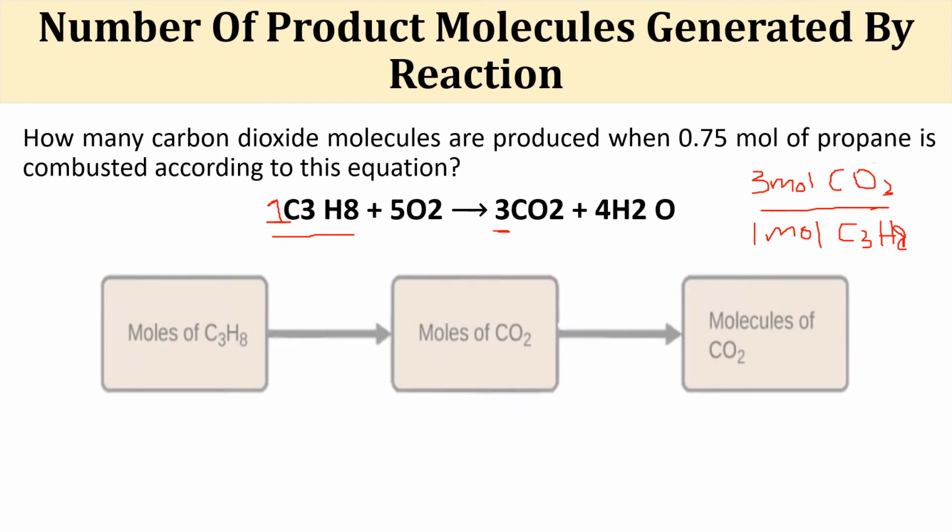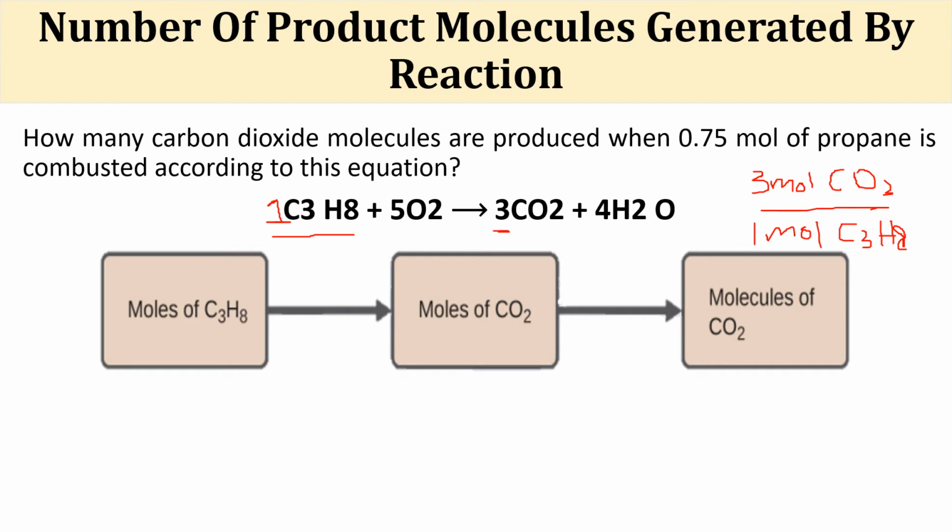First we're going to multiply, using the stoichiometric factor, the moles of propane by the 3:1 ratio given as per the balanced equation, and in the next step we're going to find the molecules of carbon dioxide by multiplying the moles of carbon dioxide by Avogadro's number.